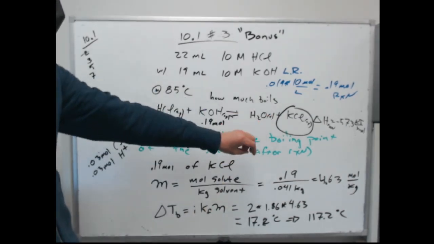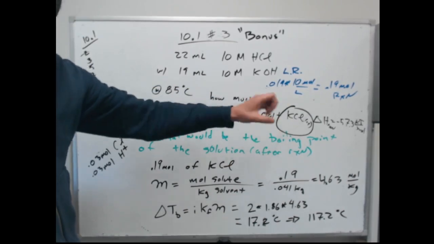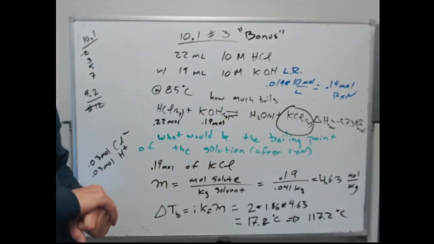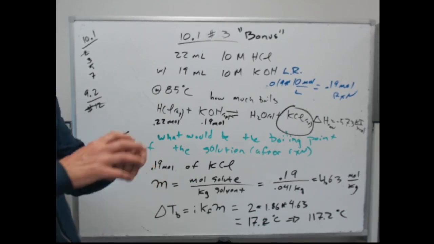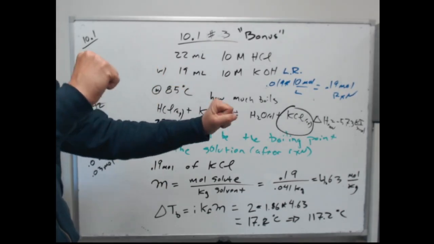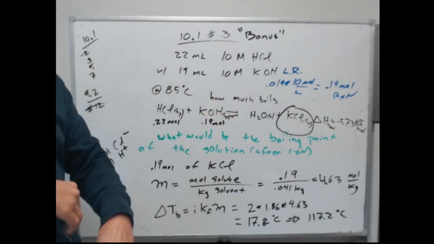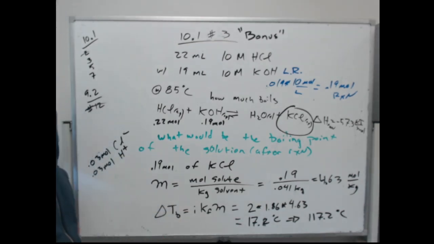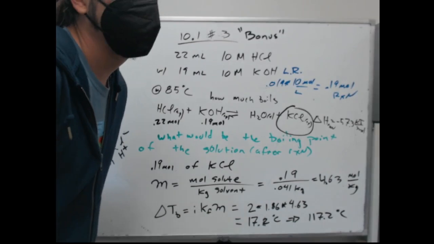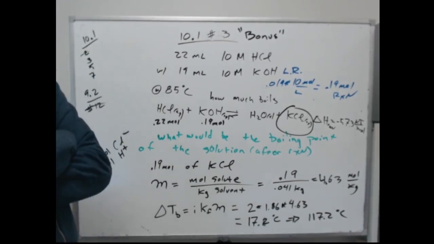If we just put KCl as one thing in there, that's just one thing going into solution, and so that would have one effect. But if we recognize that KCl breaks apart into 2 ions, that would be like putting twice as much stuff in there. So it's just a constant that we multiply by, and the constant is the number of things being put into solution. 1, 2, 3, 4, 5, 6. And then the K_f is the boiling point constant.